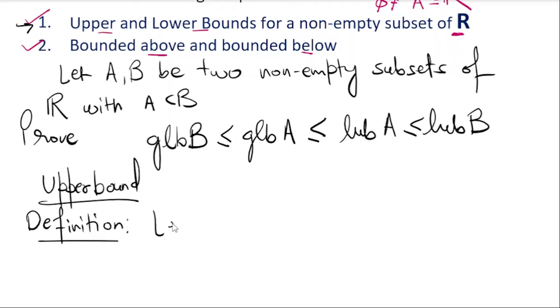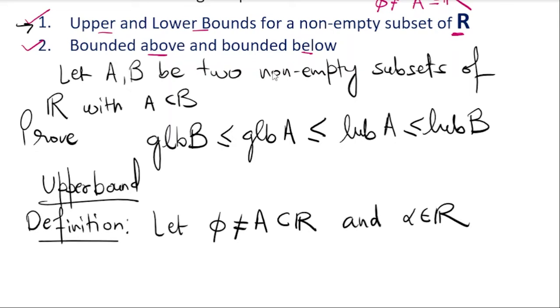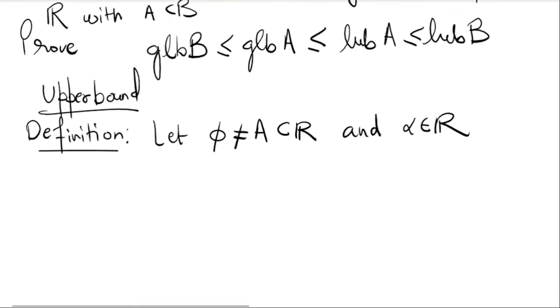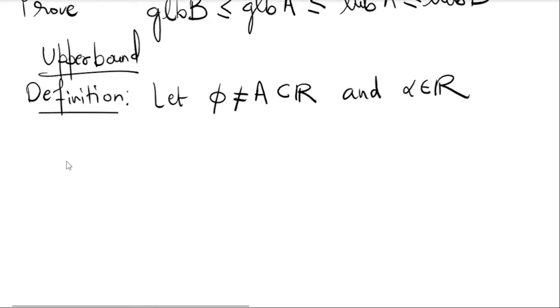Let again my standard notation be A, a non-empty set, some subset of the real line, and there is a scalar which I call alpha, which is again a real number. Then this alpha is said to be an upper bound of the set A if this holds.